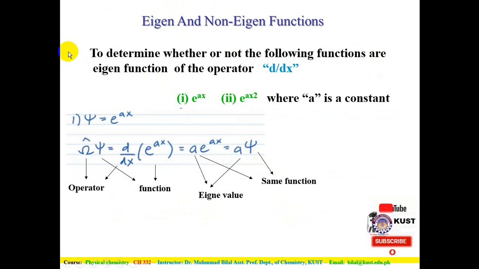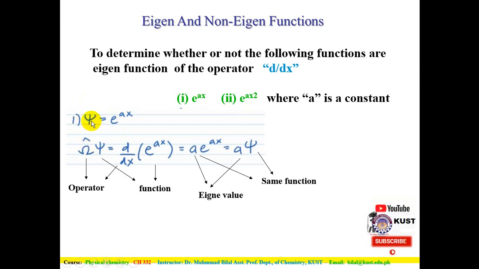Now we will take an example to see whether a particular function is an eigen function for an operator or not. Here we apply the derivative operator on the functions e raised to power ax and e raised to power ax square. We want to determine whether these functions are eigen functions for the operator d over dx. Suppose e raised to power ax is equal to psi.